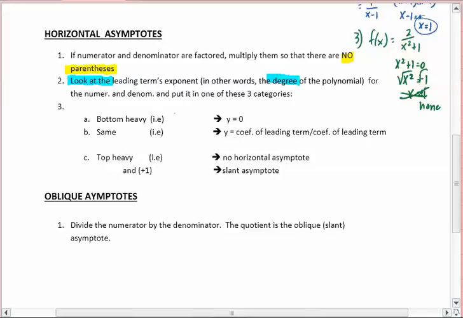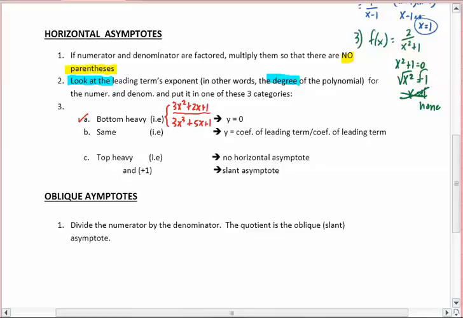Here's the first one. If it is bottom heavy, and here's what I mean by bottom heavy, let me give you an example. I have, let's say, 3x squared plus 2x plus 1 on top over 3x to the third. It doesn't matter the coefficients, and it really doesn't even matter what we have on the rest of the polynomial.